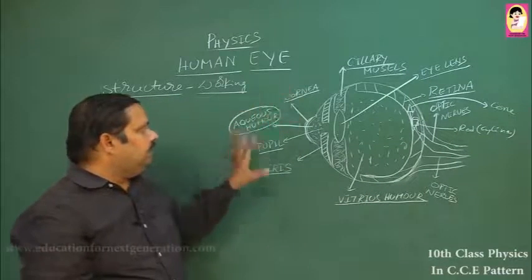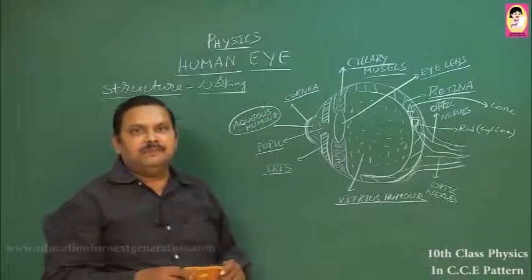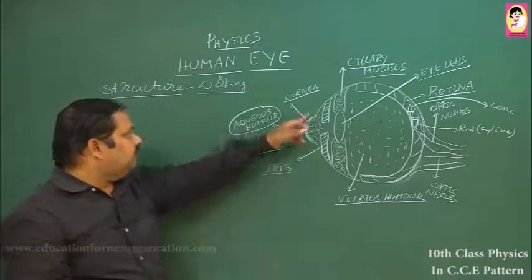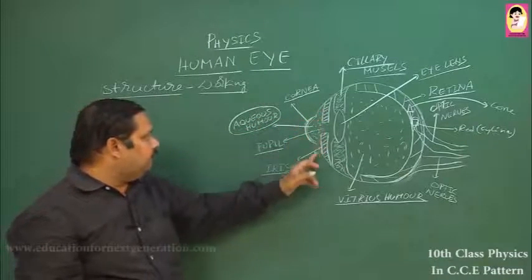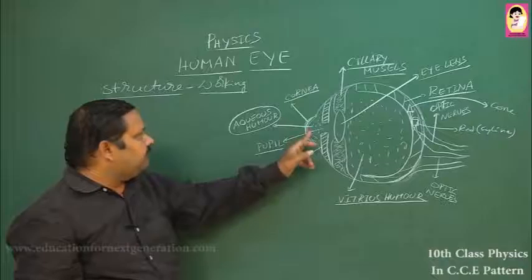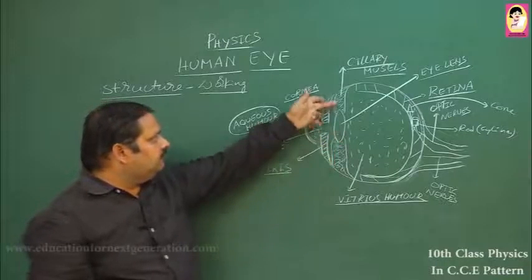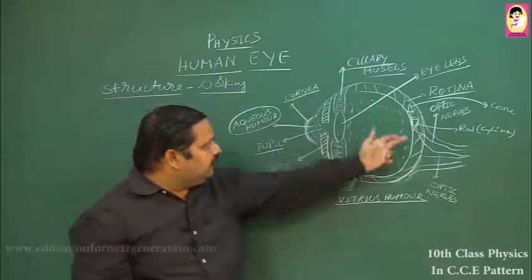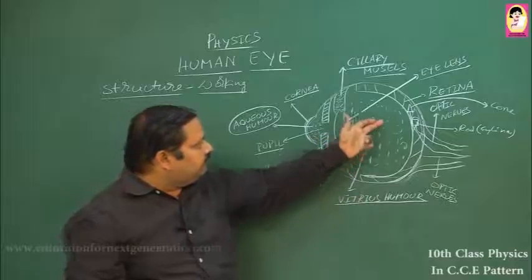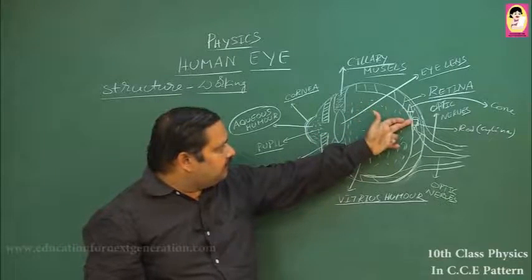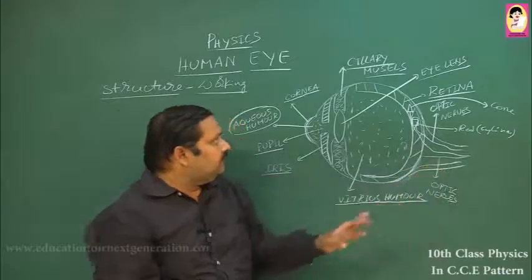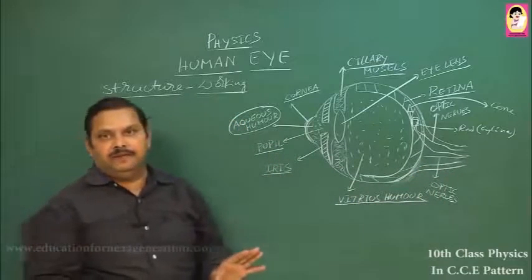These are all the basic, fundamental parts of the human eye. What are those? First is the cornea and iris-pupil system, aqueous humor, eye lens, ciliary muscles, retina, vitreous humor, cones and rods, and optic nerves. These are all the main parts of the human eye.